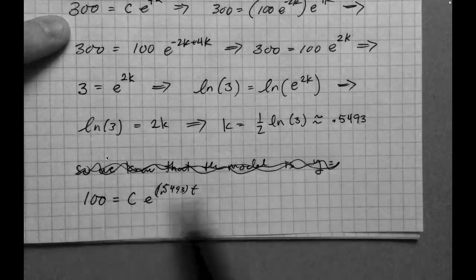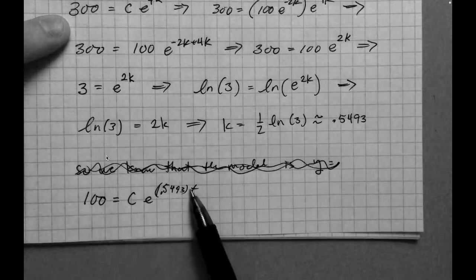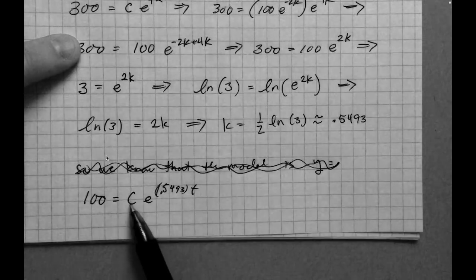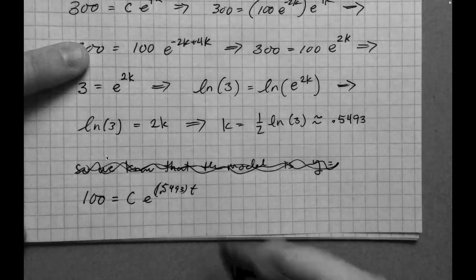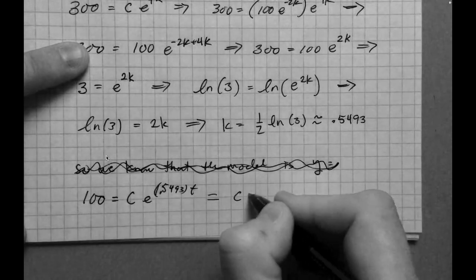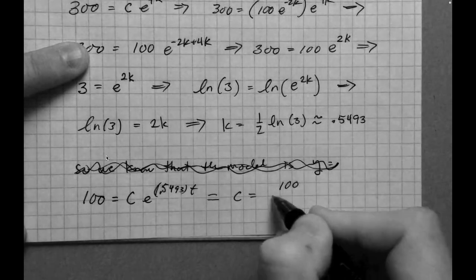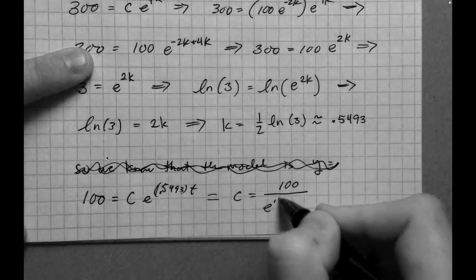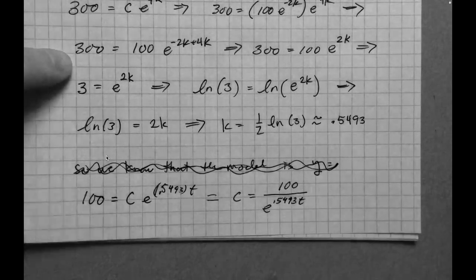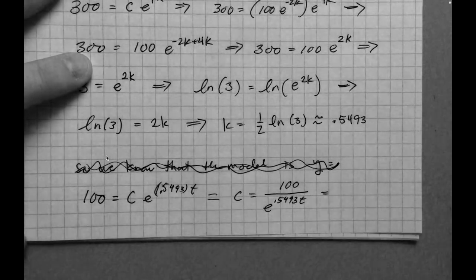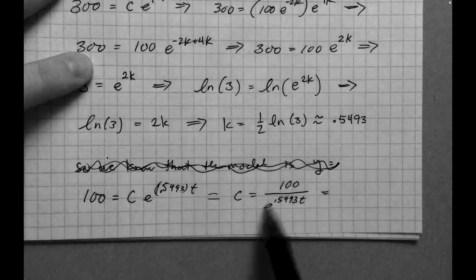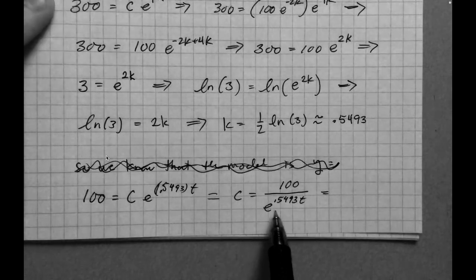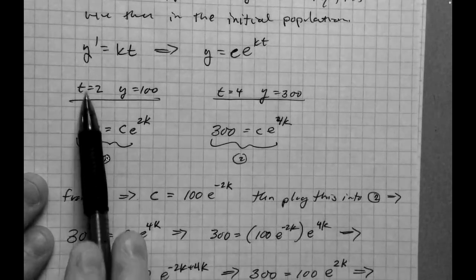So plugging in our k, we have this. Now we can use the initial condition to figure out what C is. So C is equal to 100 divided by e to the 0.5493 times t. Now, what is a t that we can use here? When the population was 100, that was at time 2.